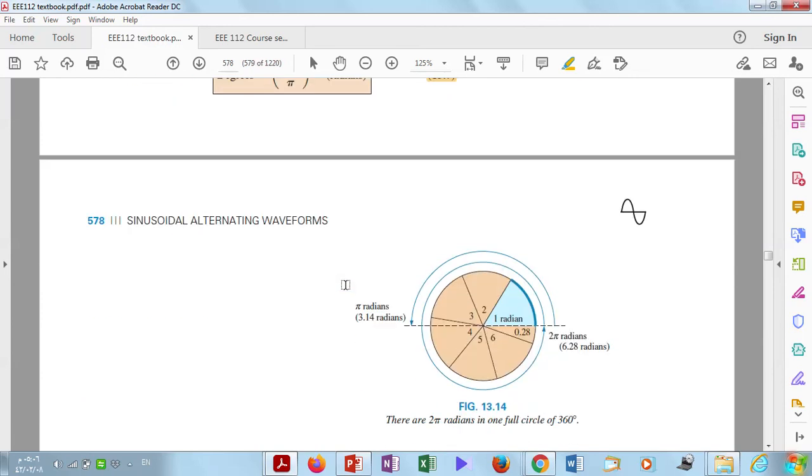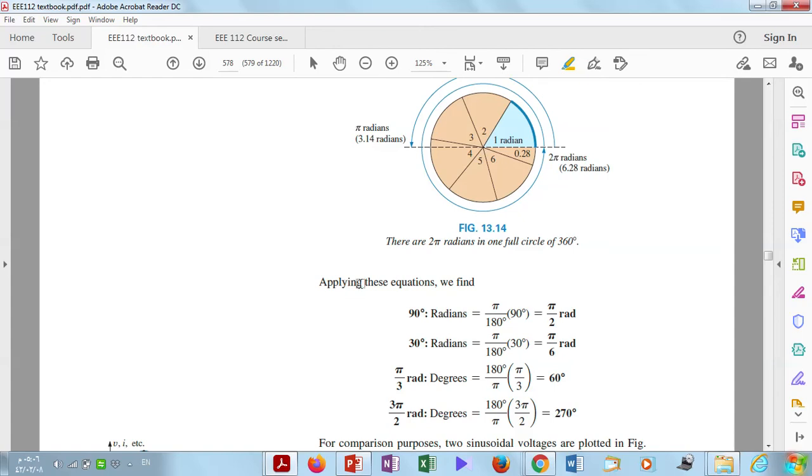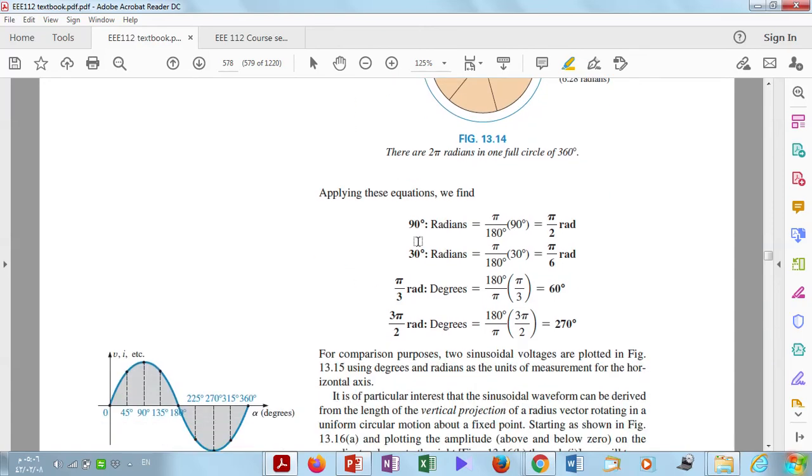Let us see some examples here. For example, we have 90 degrees and we need to convert it to radians. 90 degrees multiplied by pi divided by 180, you will get pi over 2 radians, and similarly for 30.